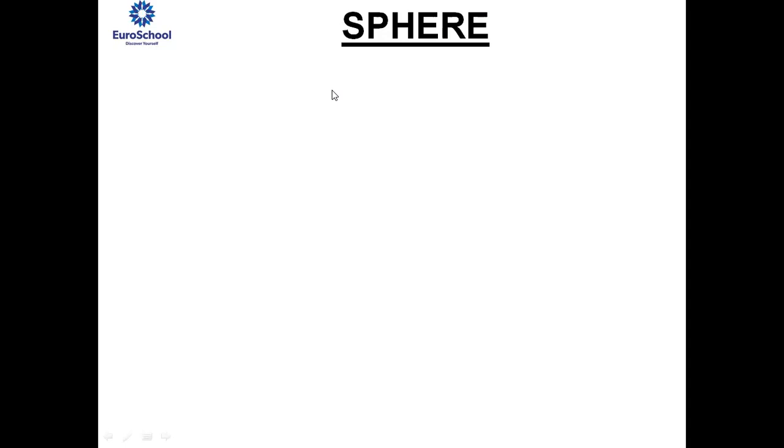When you go to a spherical shell, what is the thickness of the shell? Big R minus small r. What does big R represent? What does small r represent? Big R is the external radius, small r is the internal radius. Okay.